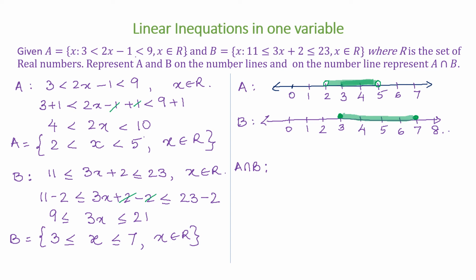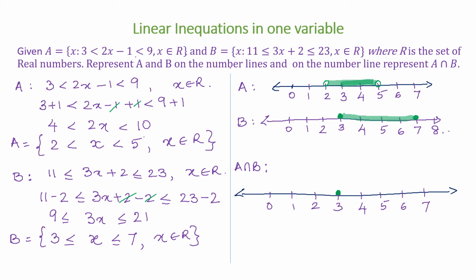But you have to remember that 3 is there in both, but 5 is not there in both. 5 is a hollow circle over here. 3 is a part of A. And therefore, when you draw the number line for A intersection B, I will just write 0, 1, 2, 3, 4, 5, 6, and 7, and this is going to be from 3. 3 is a part of A also and B also, and therefore this is going to be a dark circle over here.